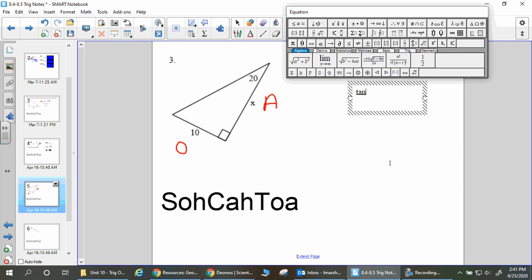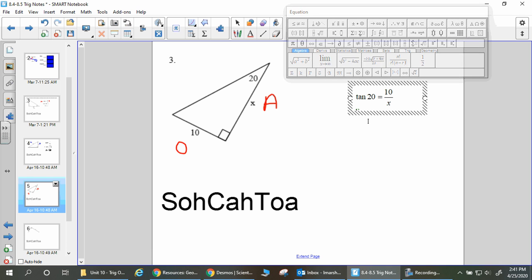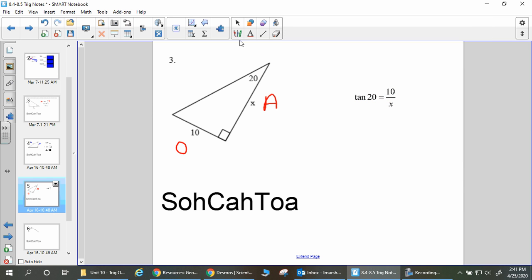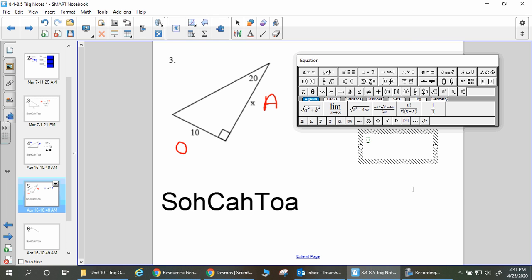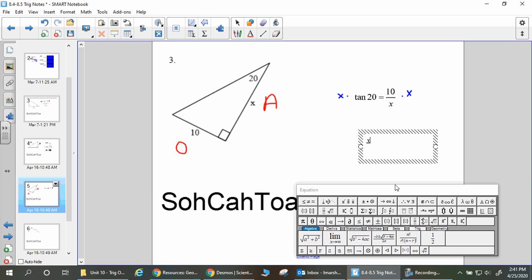So if I'm using the tangent of my angle, which is 20, that's going to equal my fraction, opposite 10, adjacent is x, okay? In order for this to work, I need to get x by itself. So that means whatever's on the bottom of the fraction is technically what I want to multiply by. So my next line here is actually going to read x times the tangent of 20 equal to 10.